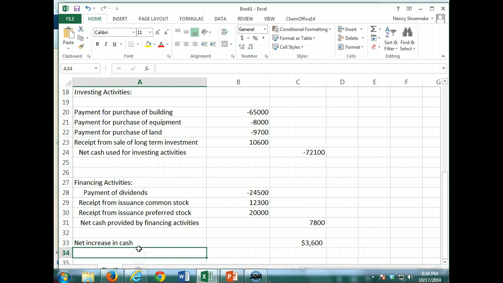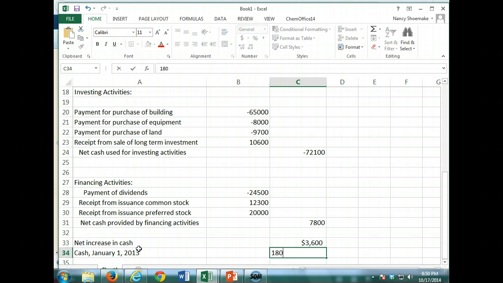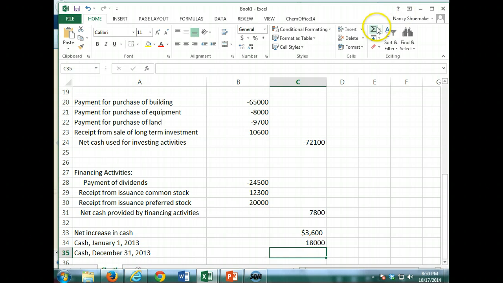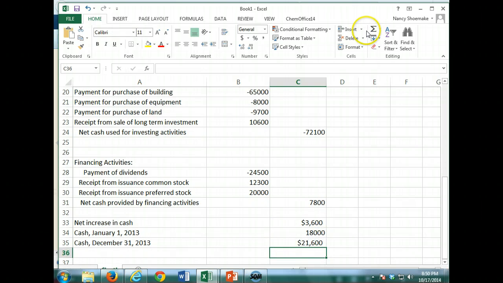What was our cash at the beginning of the period? 18,000. So the ending cash is $21,600.